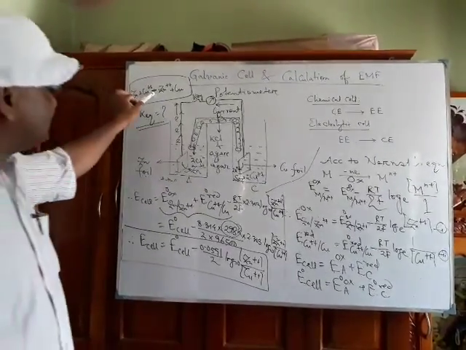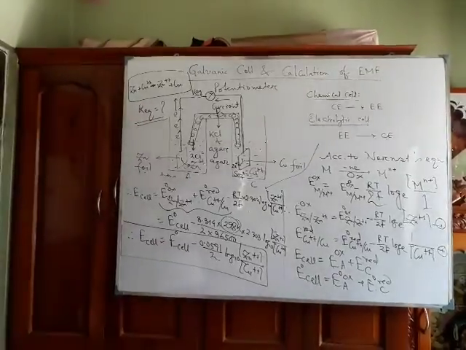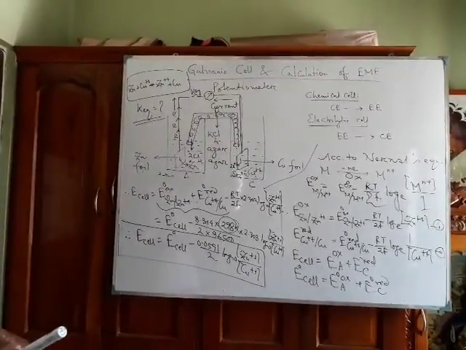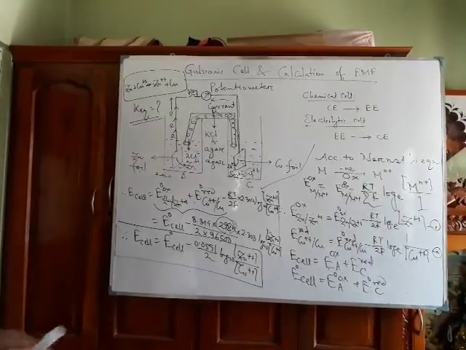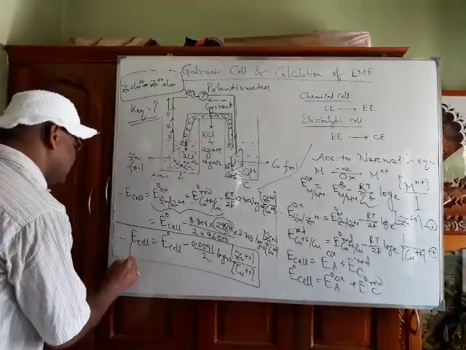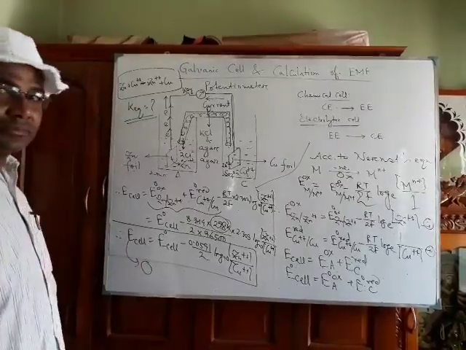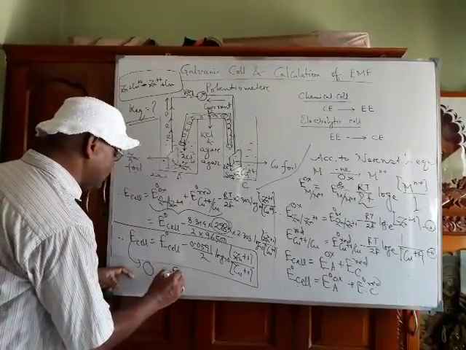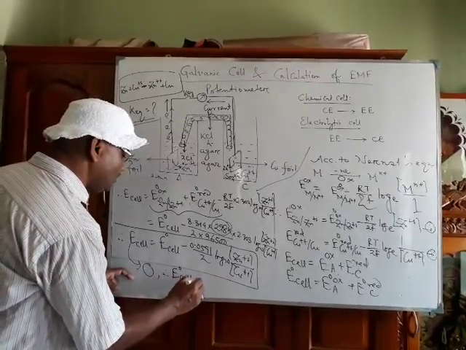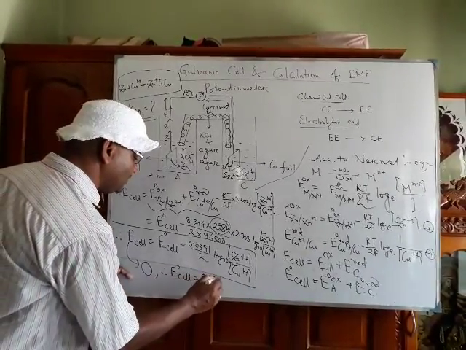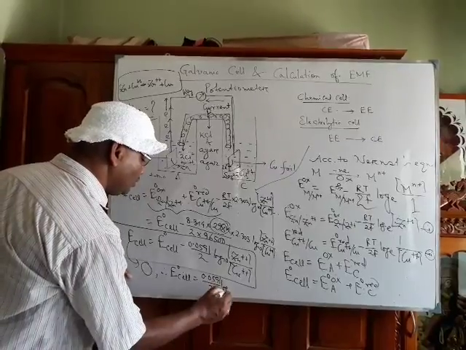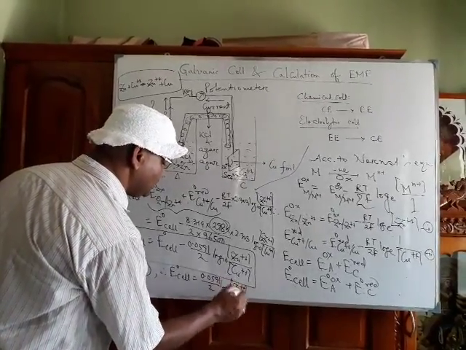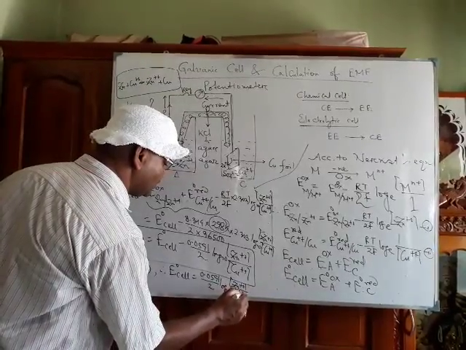When the reaction is at equilibrium, obviously at that time there will be no net flow of electron, and if there is no net flow of electron, at that time this E cell will be 0. Obviously E cell is 0, means at that time E0 cell will be equal to 0.0591 divided by 2 log base 10 concentration of zinc ion divided by concentration of copper ion.